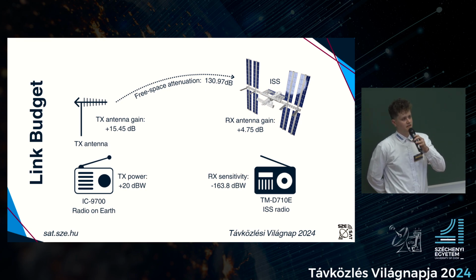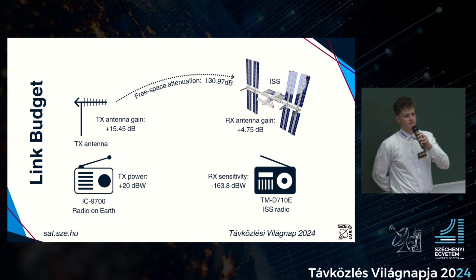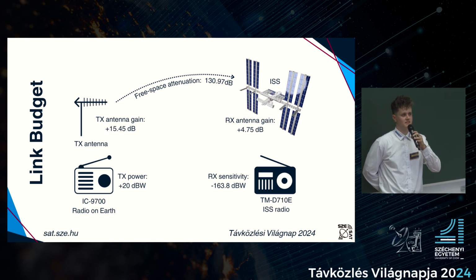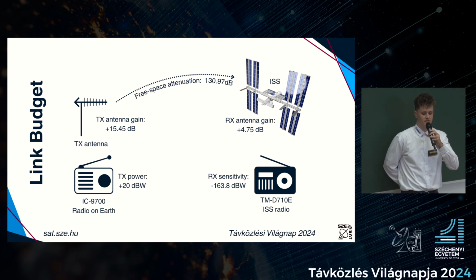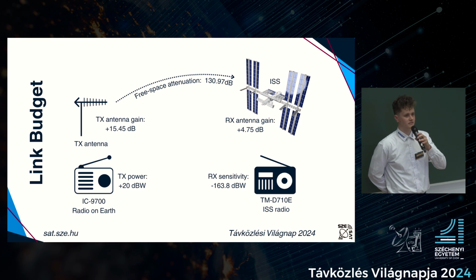The ISS receives it with their antennas, and then the radio receives the signals. The radio the ISS uses has a sensitivity of minus 163.8 decibel watts.